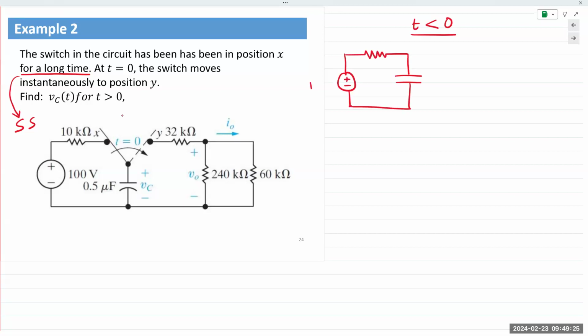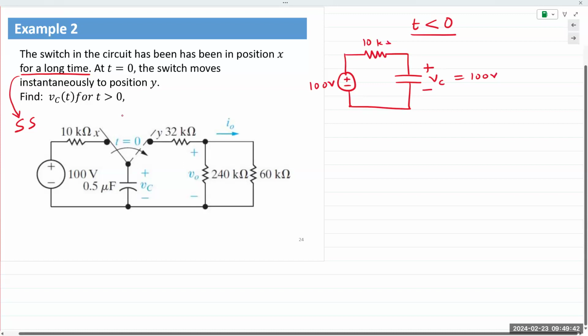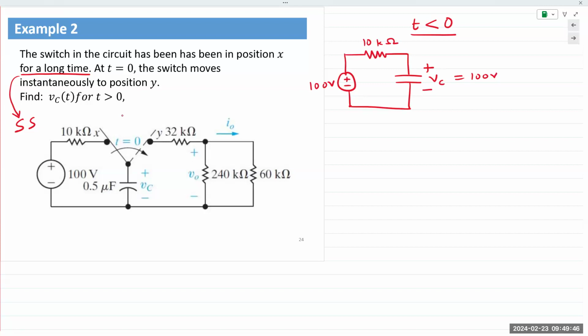And because the voltage source has a polarity with a plus on top, my capacitor voltage VC also has polarity plus on top. 10 kilo ohms. Okay, so when the switch is on the left, the capacitor is fully charged with a value equal to the source voltage, 100 volts.